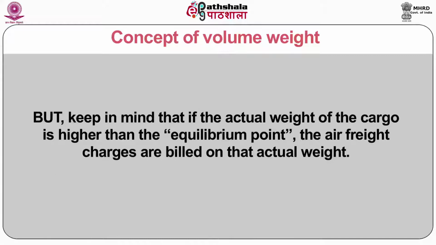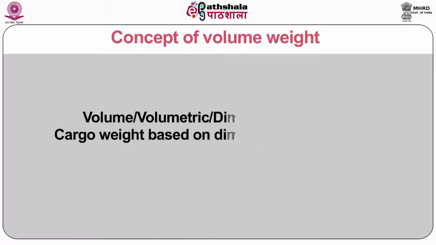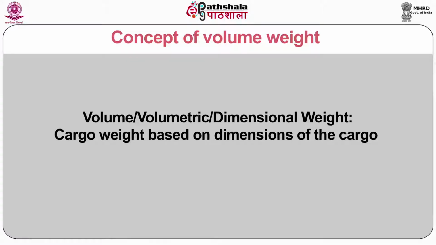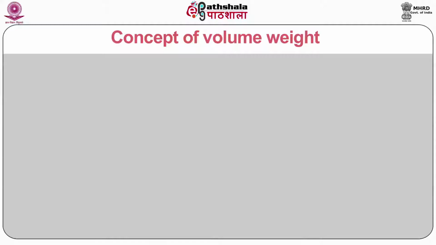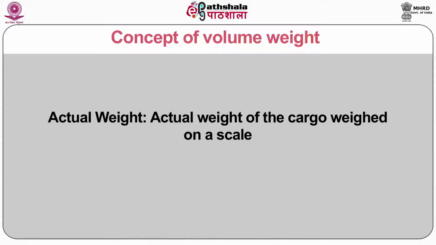But keep in mind that if the actual weight of the cargo is higher than the equilibrium point, the airfreight charges are built on that actual weight. Volume, volumetric or dimensional weight: cargo weight based on dimensions of the cargo. Actual weight: the weight of the cargo weighed on a scale.